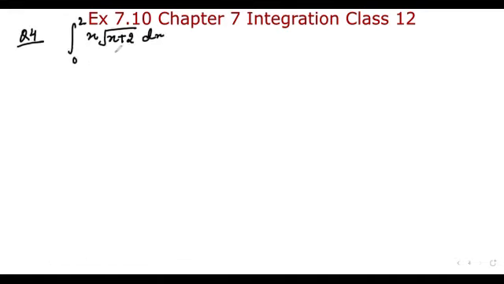In this question, I cannot integrate properly until I remove this x plus 2. So I can do one thing: I can replace x plus 2 with t. On differentiating, whenever I substitute, I always have to differentiate.